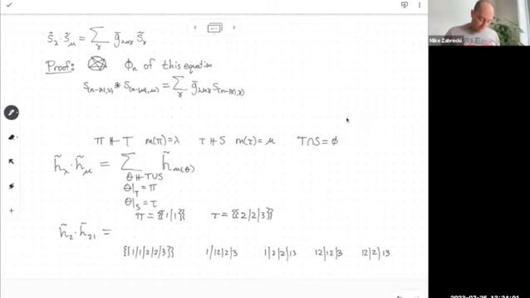And I say there's one term for each of these. So this is H221 tilde plus H1111 tilde plus H211 tilde plus H21 tilde plus H111 tilde.